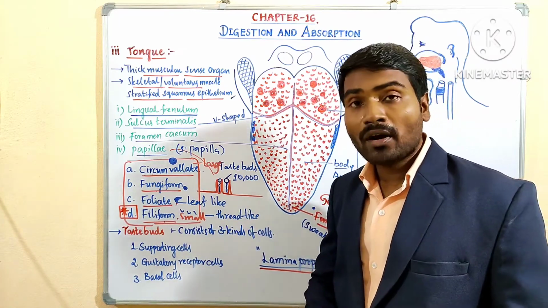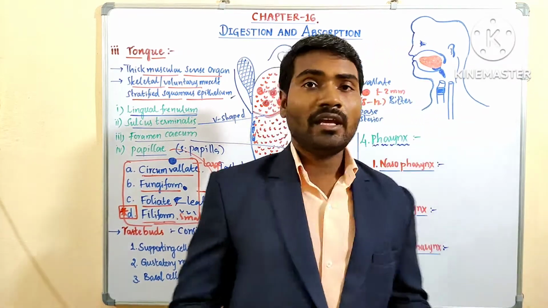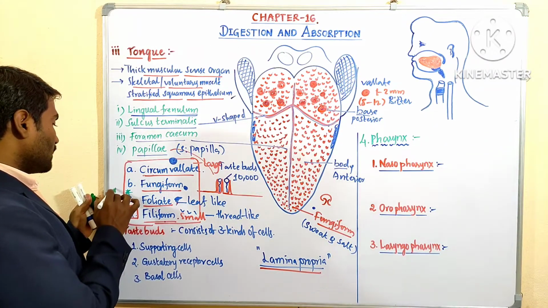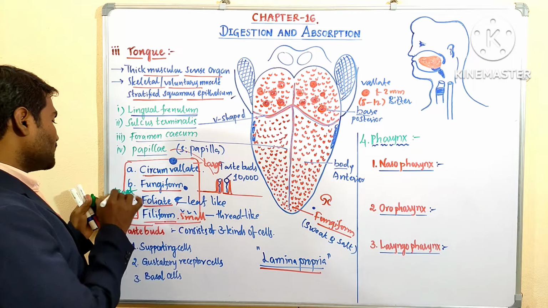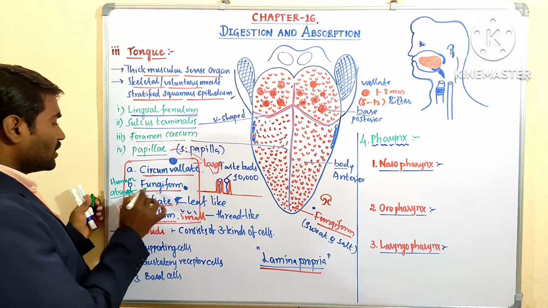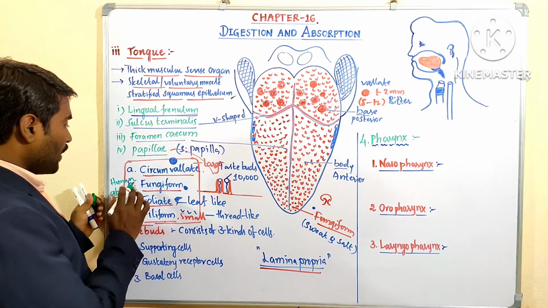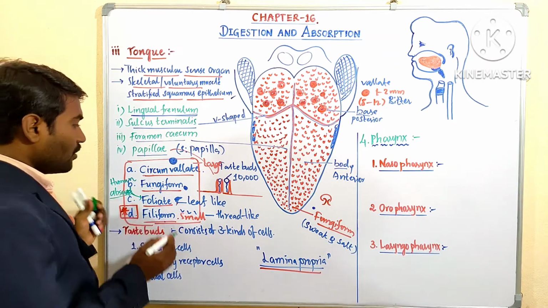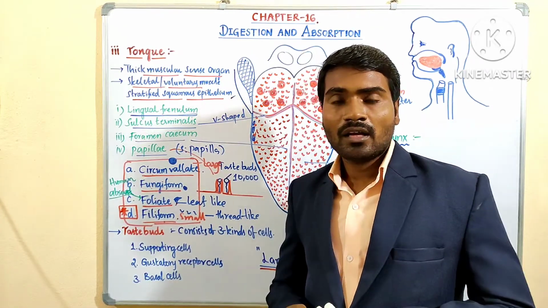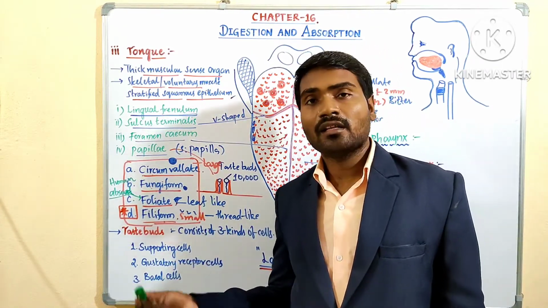Now, one more important point: in human beings, foliate papillae are absent. Which type of papillae? Foliate papillae are absent. This point we also have to remember; they are present in rabbits and other mammals.